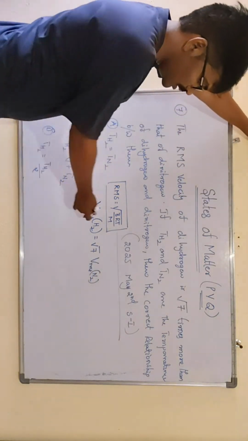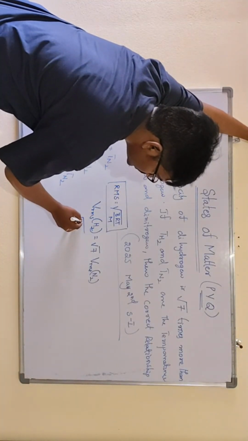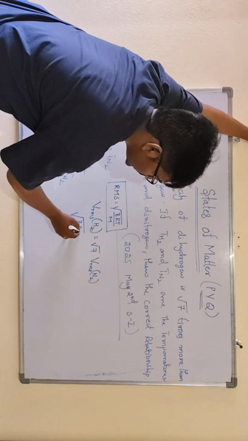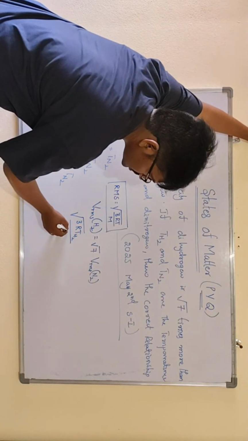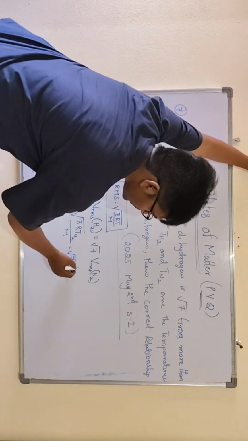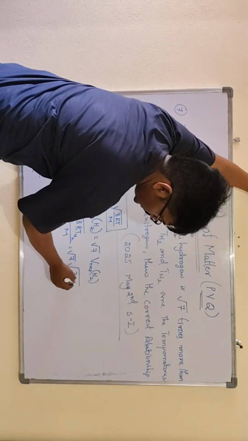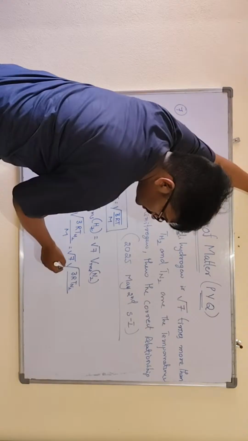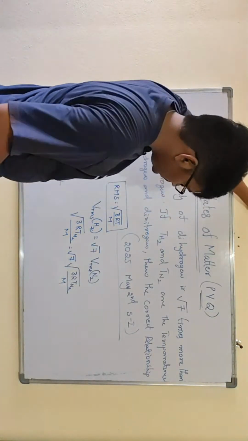Clear? So for the RMS velocity of hydrogen we use the formula, square root of 3RT divided by the molar mass, equals square root of 7 into square root of 3RT divided by the molar mass of dinitrogen.